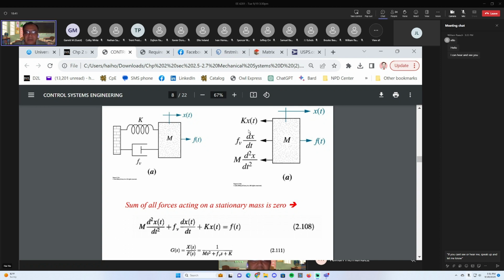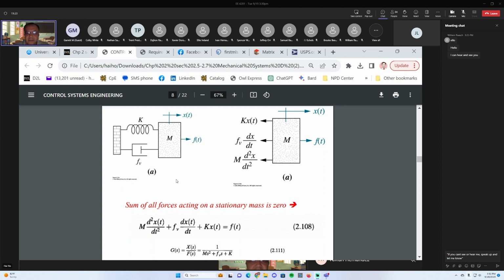Now applying Newton's law, where all force acting on a stationary mass is 0, basically you add all these forces together, or you put all the forces in one direction equal to all the forces in the other direction. So all the forces going to the right, which is just f of t, is equal to all the forces going toward the left, which are m d squared x dt squared, Fv dx/dt, and k x of t. Okay, so this is a differential equation of this schematic.